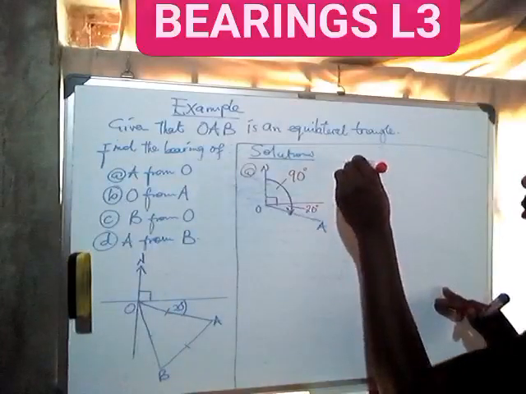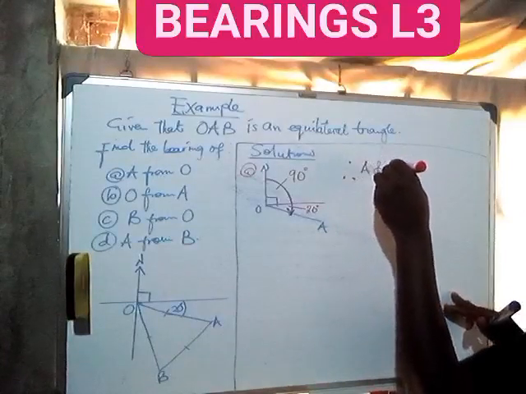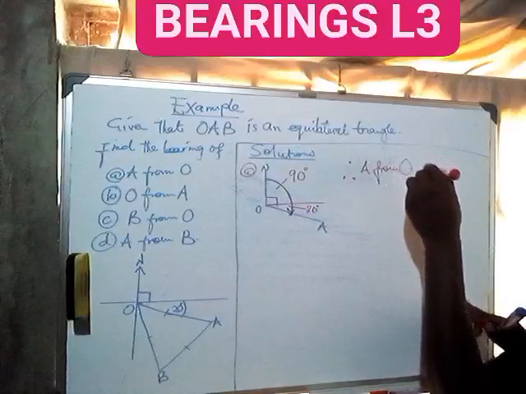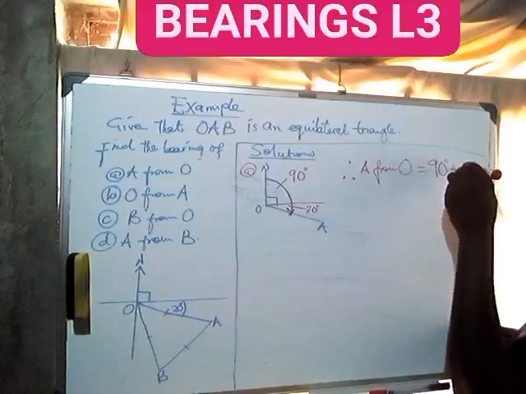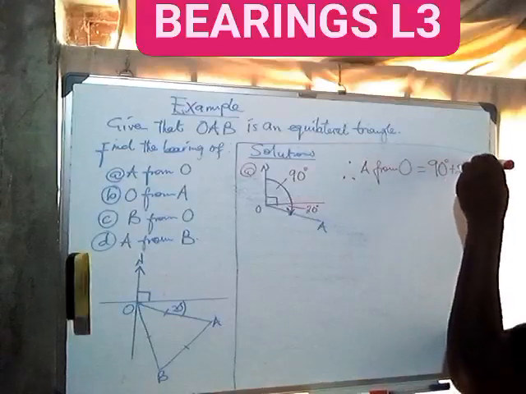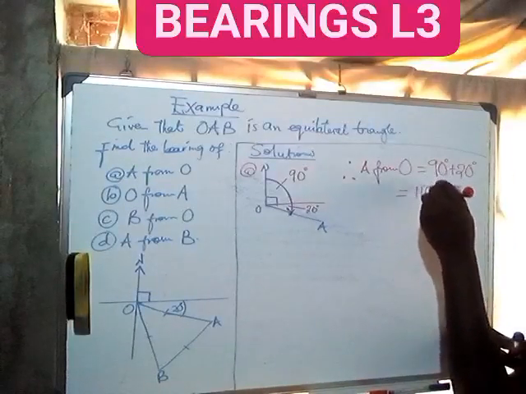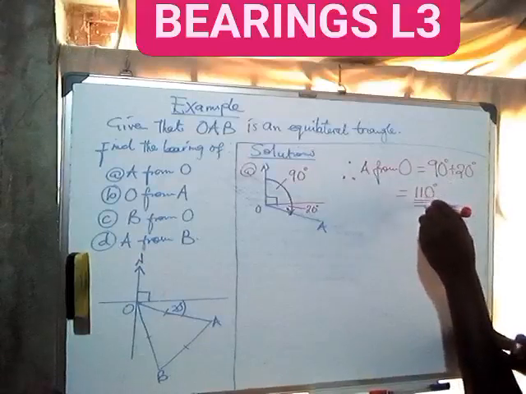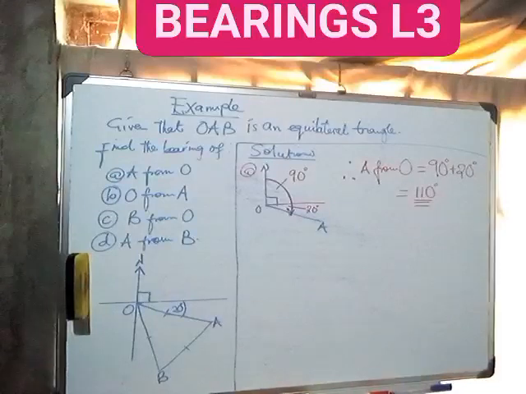So therefore, our A from O is equal to 90 degrees plus 20. So the final answer will be 110 degrees.